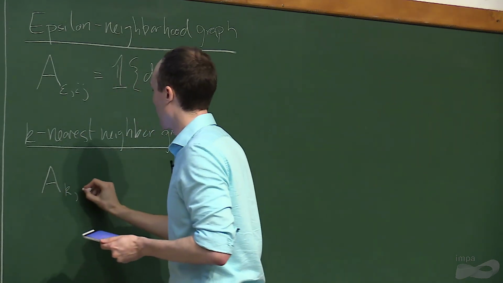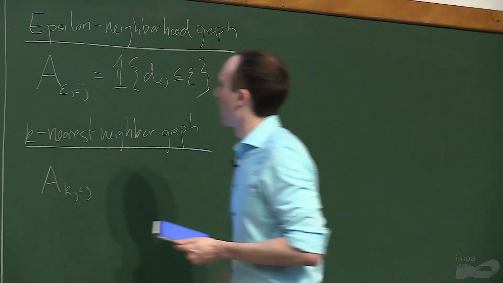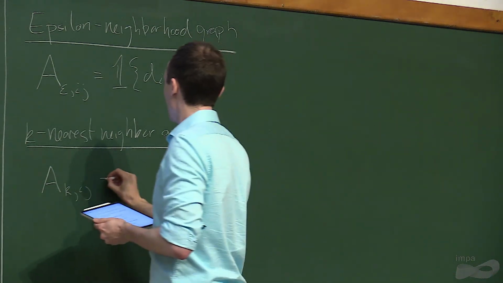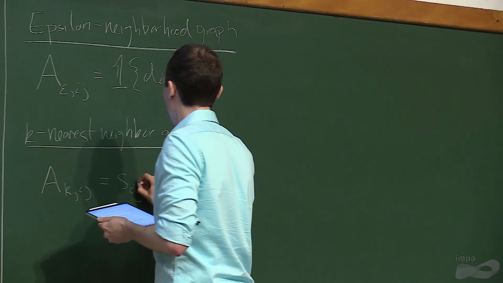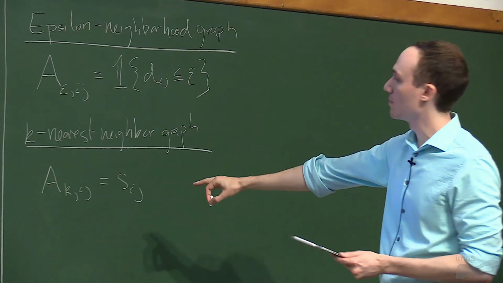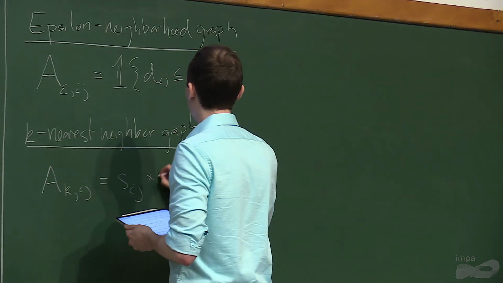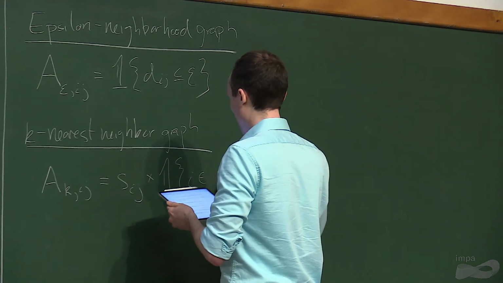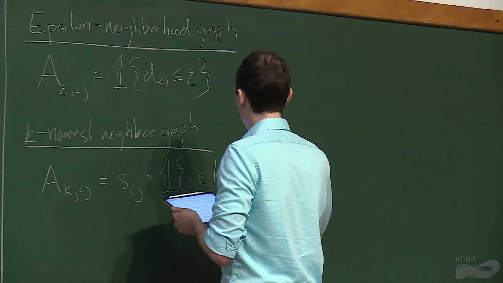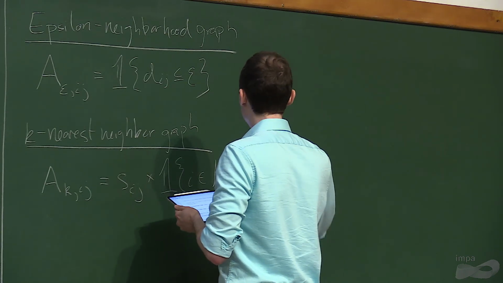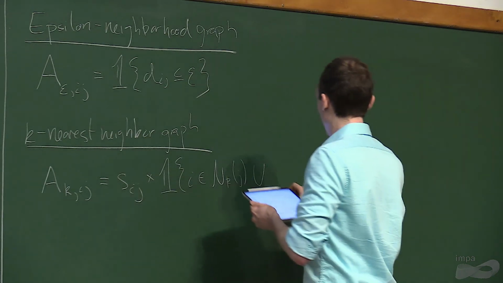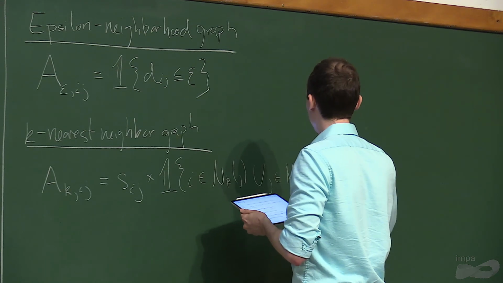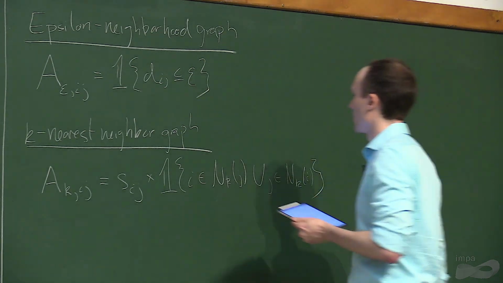We're going to denote the graph's ij element here sub k as now taking the similarity for data points i and j times an indicator, where we ask that vertex i belongs to the k nearest neighbors of j, or that j belongs to the k nearest neighbors of i.